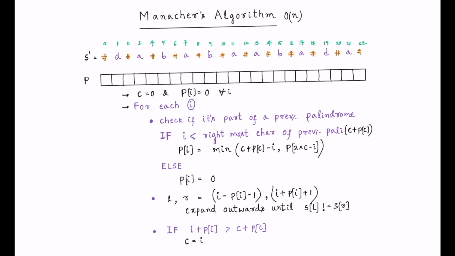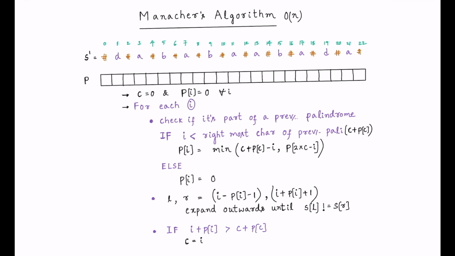If that's the case, we fill p of I equal to minimum of length of the palindrome of its mirror character, or the distance between the rightmost character in the previous palindrome minus I. If the current character is not part of a previous palindrome, that means we set p of I equal to 0, which is similar to expanding from the center. Next, we set left and the right pointers to this, and we expand outwards until the characters pointed to by the left and the right pointers are not equal.